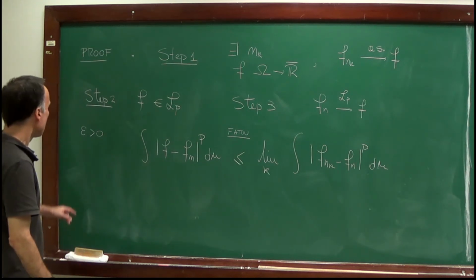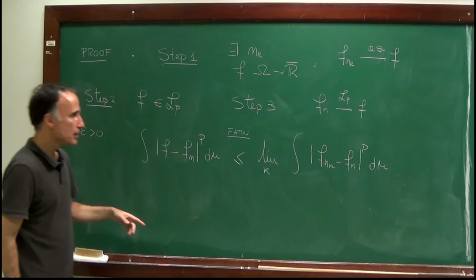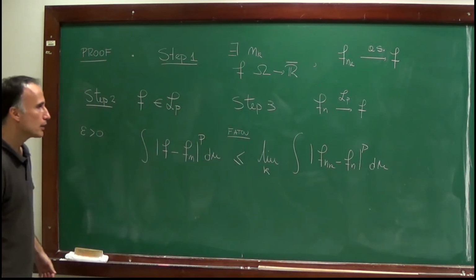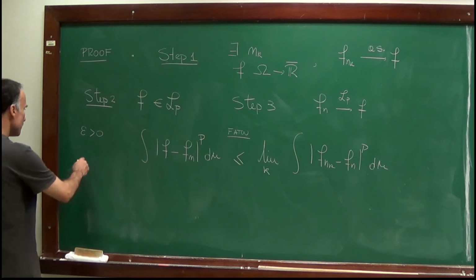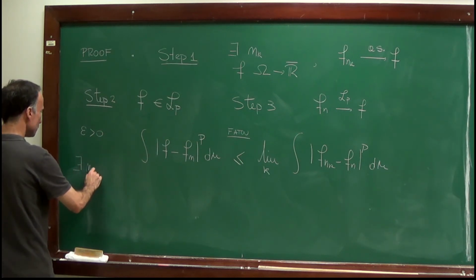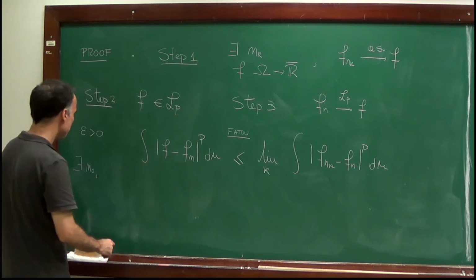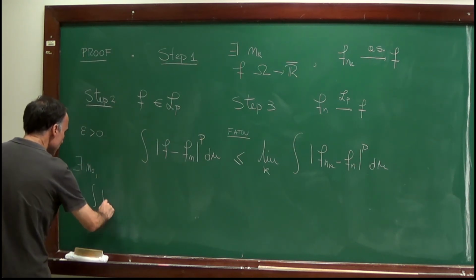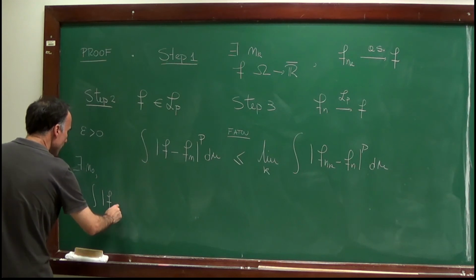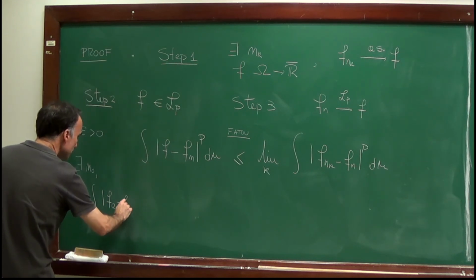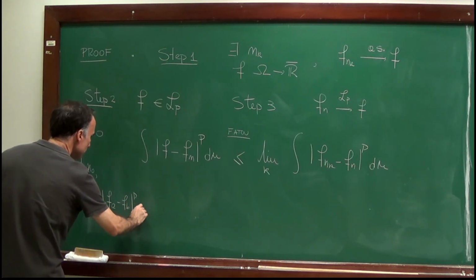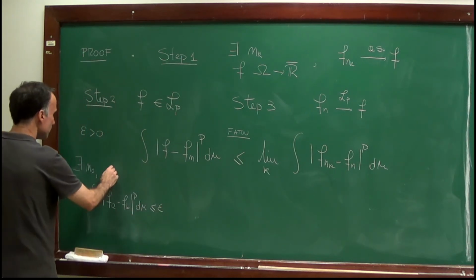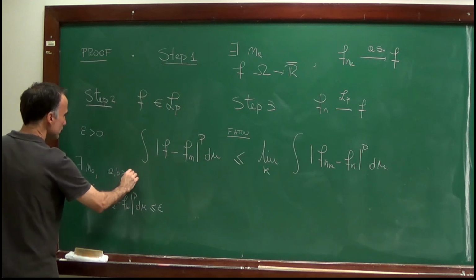Well, I know that the sequence fn is Cauchy in Lp. So I know that there exists n0 such that, given that epsilon, the integral of the absolute value of fa minus fb to the power p d mu is bounded by epsilon if a and b are larger than n0.